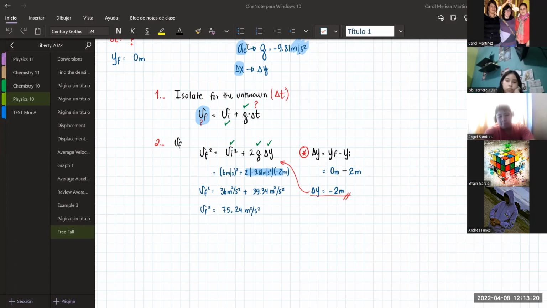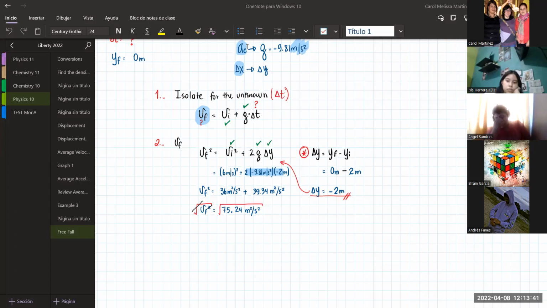I have my final velocity squared, but I don't need that. I need my final velocity. So I need to take the square root on the two sides of the formula. Now my square root and the power of 2 are cancelled.